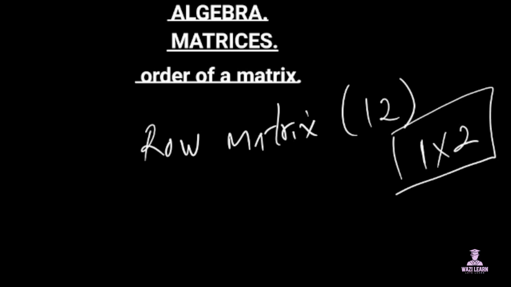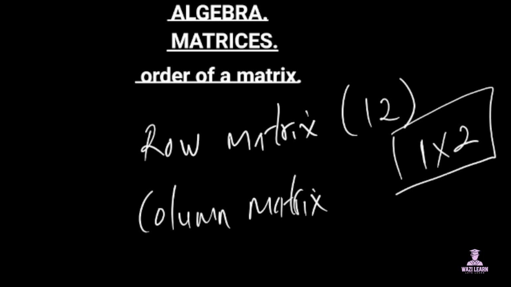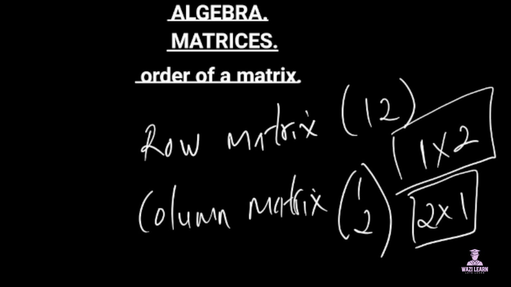Such a matrix is known as the row matrix. We also have the column matrix, where we have only one column. For example, a matrix such as 1, 2 stacked vertically. The order of this matrix is 2 times 1, so the number of columns in this matrix is 1.